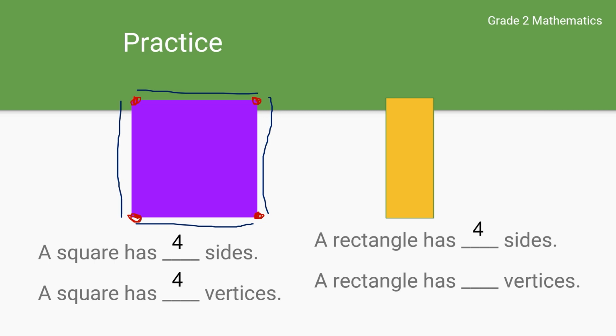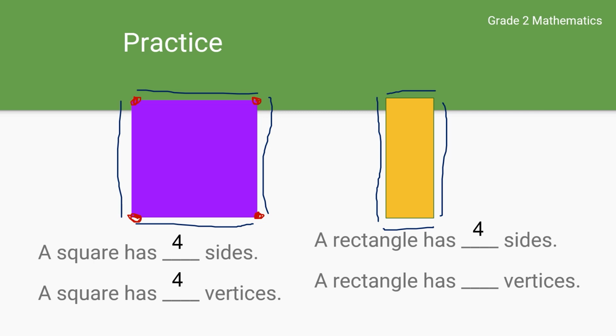A rectangle has 4 sides. Did you find them? There are 1, 2, 3, 4 sides on this rectangle. 2 of the sides are short sides and 2 of the sides are long sides.